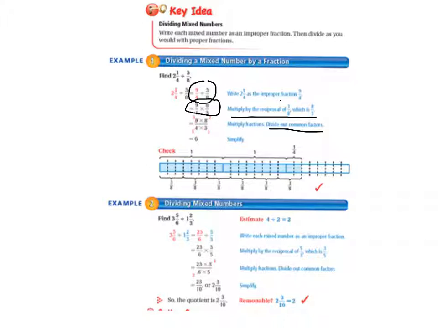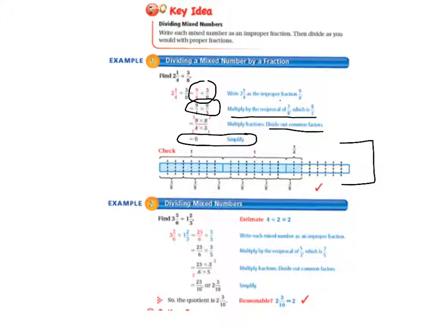And we know that 4 goes into 8 2 times, so that cancels out. And 3 goes into 9 3 times. So the top of our fraction, the numerator, is 3 times 2, which is 6. And the denominator is 1 times 1, which is 1. So our answer is just 6. And here's a model to check our work.